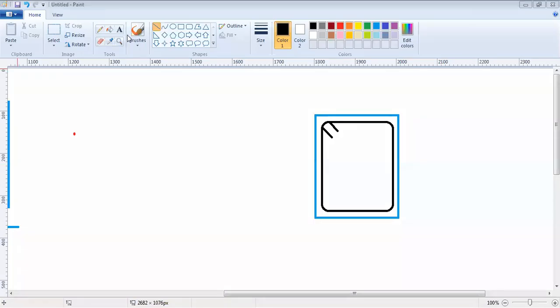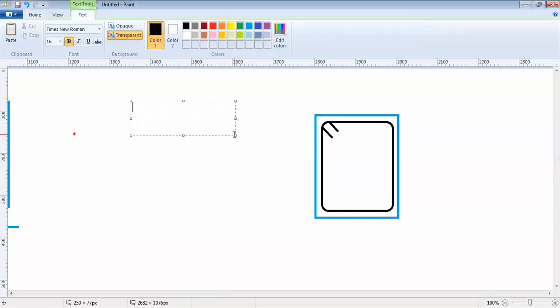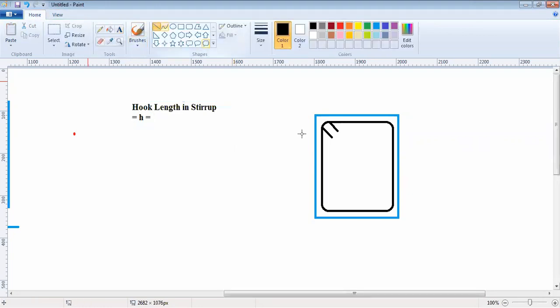So what you have to do is, hook length in stirrup. Say this is H. Now this H would be this one. Let me magnify it a bit.